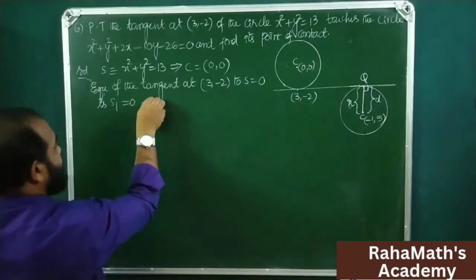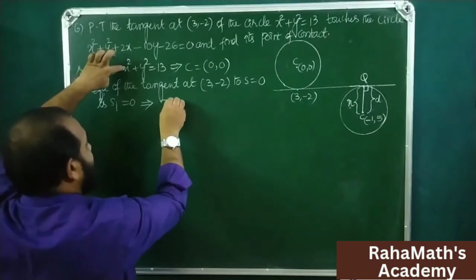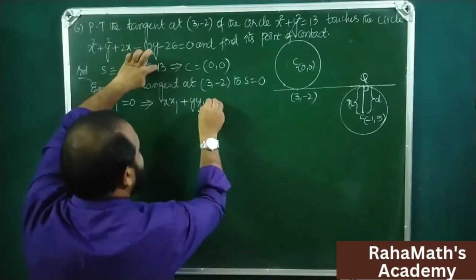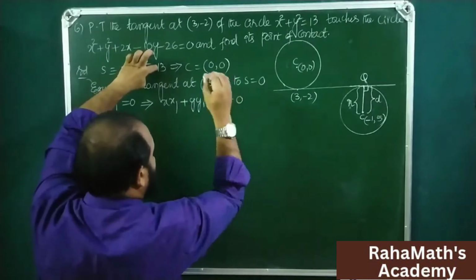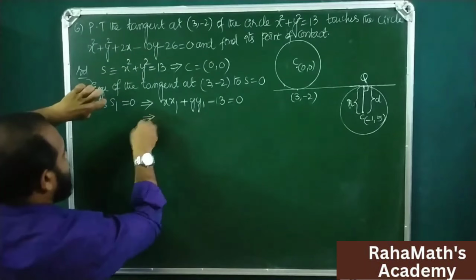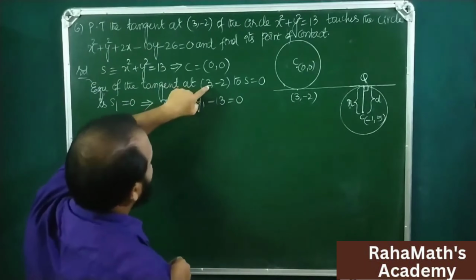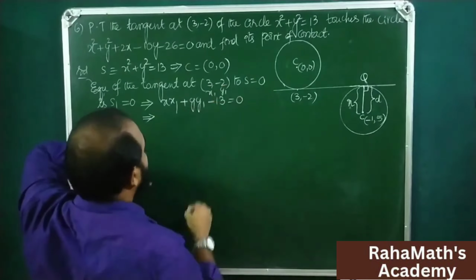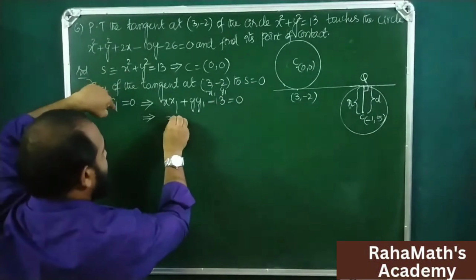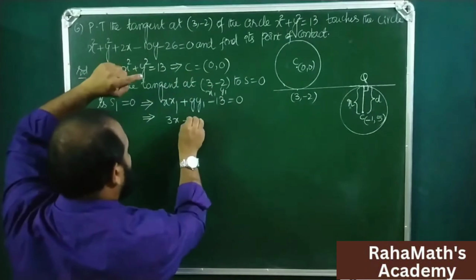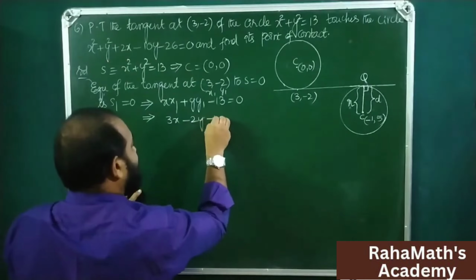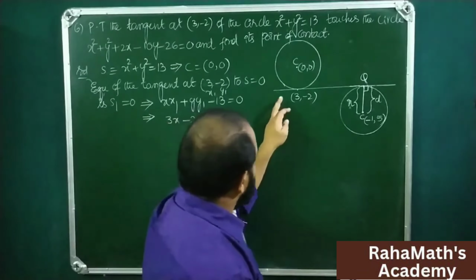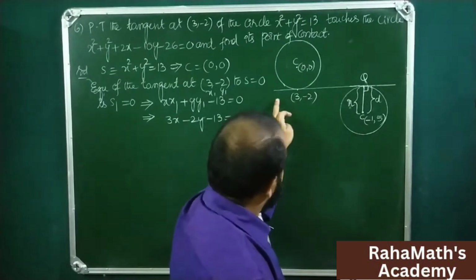That implies x x1 plus y y1 minus 13 equals 0. That implies substituting x1, y1, we get 3x minus 2y minus 13 equals 0. Therefore, this is the equation of the tangent.